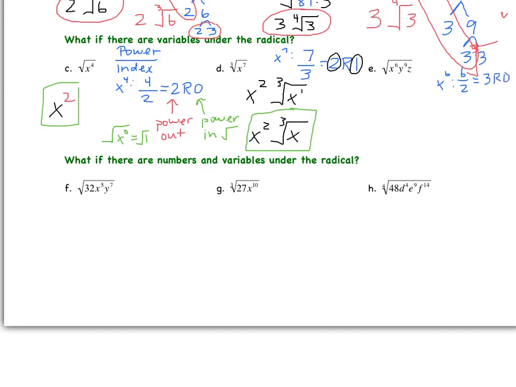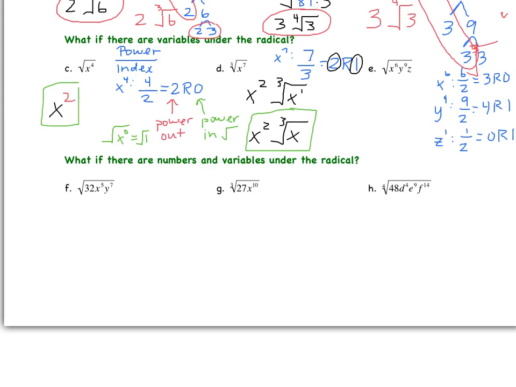For y, we have y to the 9th. 9 divided by our index, 2. 2 goes into 9 4 times with a remainder of 1. And then z to the 1st power. It's our power divided by our index, 2. Well, 2 doesn't go into 1, so it goes into it 0 times with a remainder of 1.